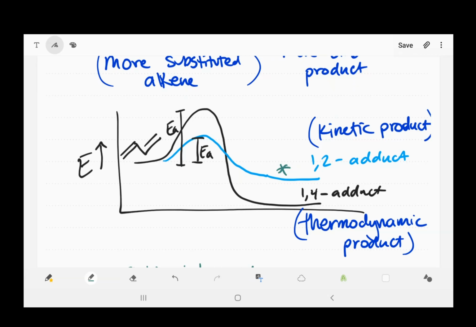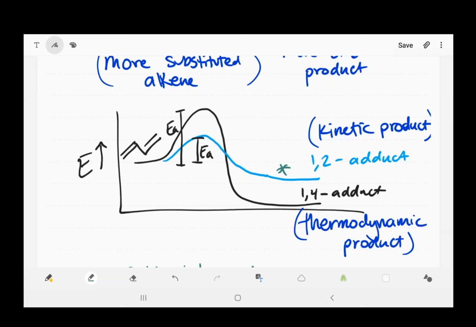And so, in terms of Le Chatelier's principle, by the reaction going back to reactants more, you're more likely to break down your kinetic product than you are to break down your thermodynamic product. And each time you go back to the starting material, you're rolling the dice to see if you end up with the 1,2 or the 1,4.